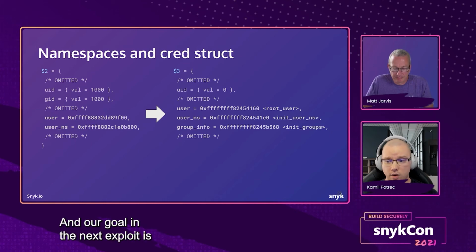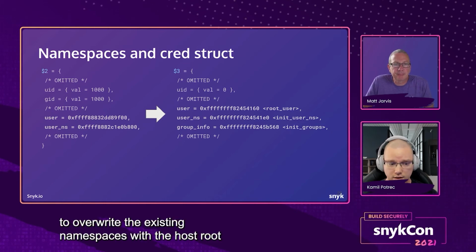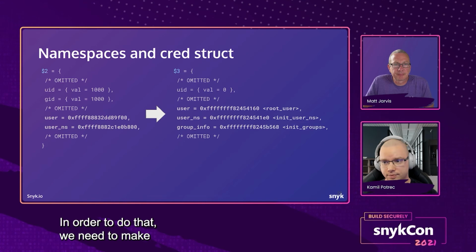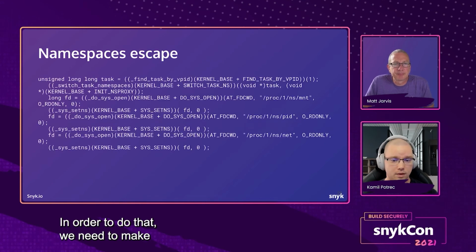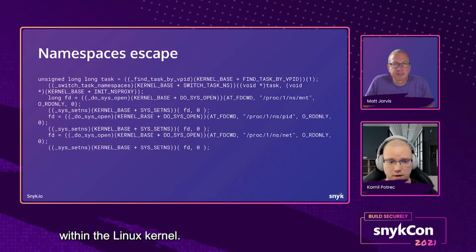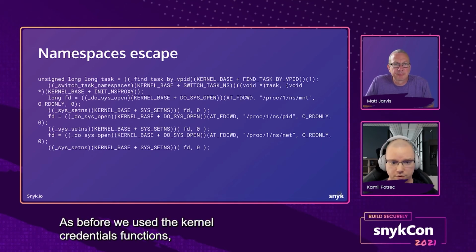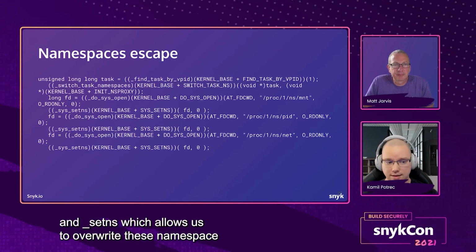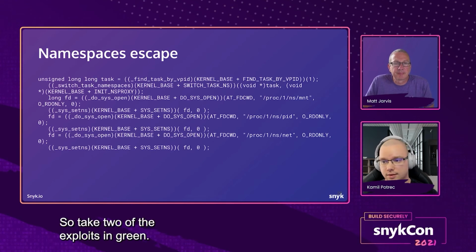And our goal in the next exploit is to overwrite the existing namespaces with the host root namespaces pointers. In order to do that, we need to make use of more functions that are available to us within the Linux kernel. As before, we used the kernel credentials functions. Now we're going to use functions such as switch_task_namespaces and set_ns, which allow us to override these namespace pointers.